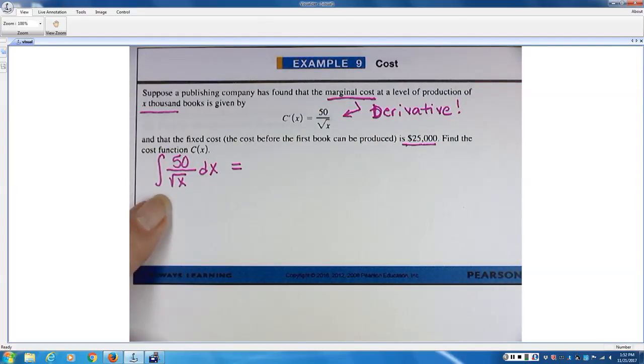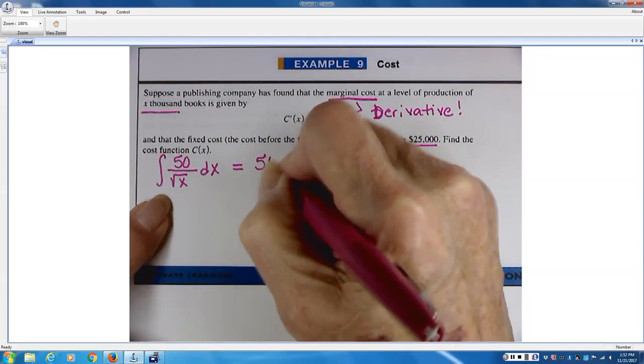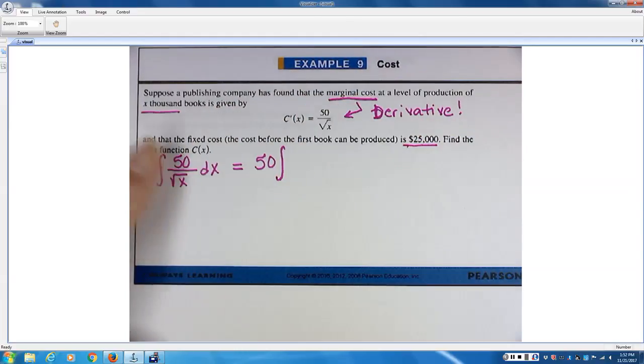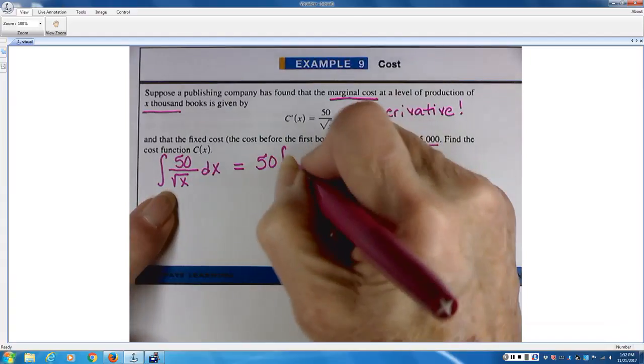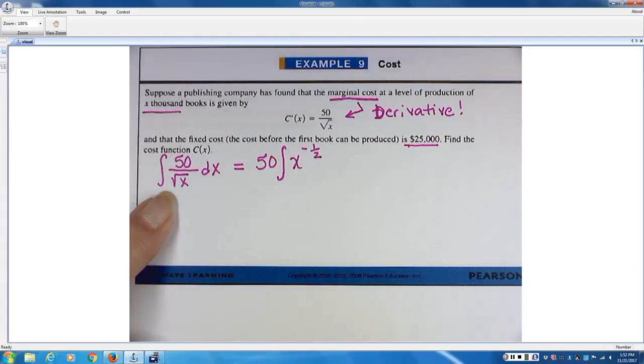So the antiderivative is more easily found if we pull the 50 out in front and treat it as a constant coefficient. And then 1 over the square root of X is better if we write it as X to the negative 1/2 power.